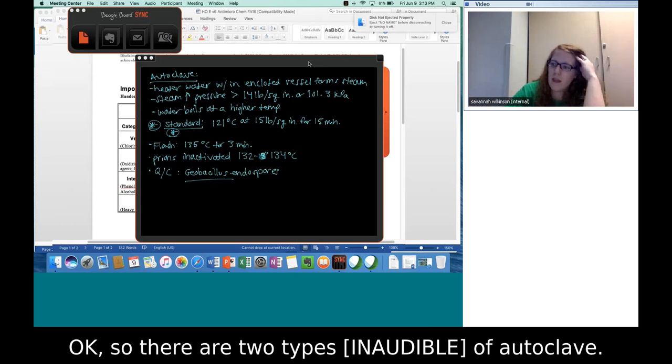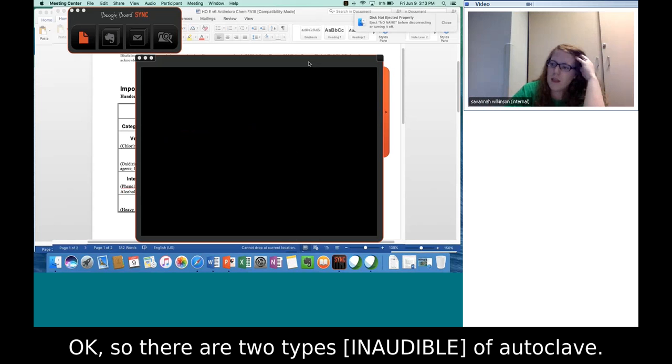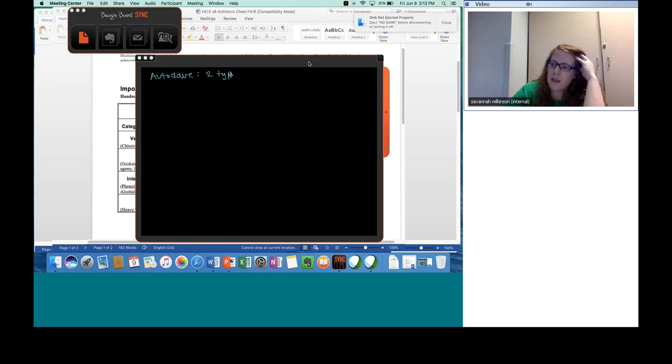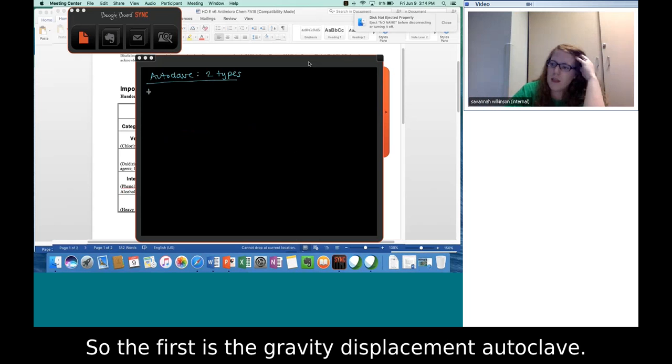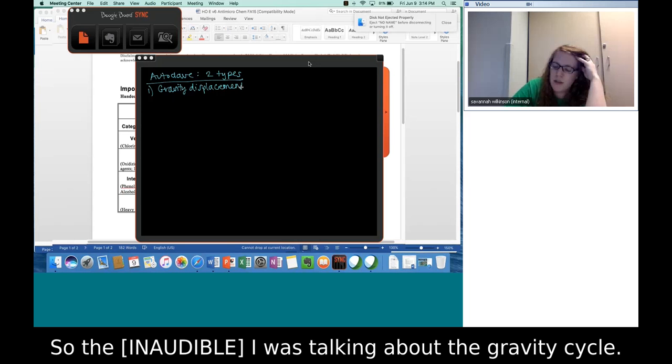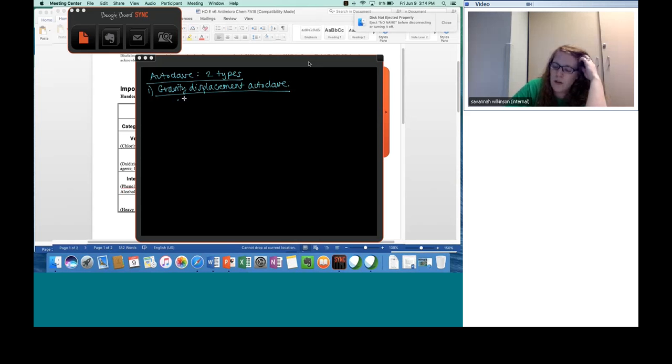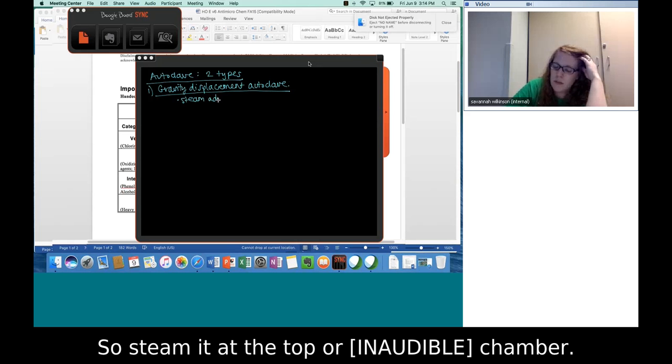Okay. So with the autoclave, there are two types. The first is the gravity displacement autoclave. For the prions, when I was talking about the gravity cycle, I'm referring to this type. Steam enters at the top or side of the chamber.